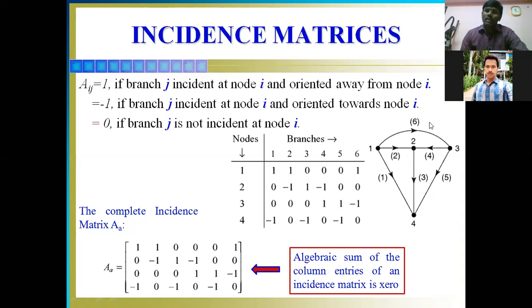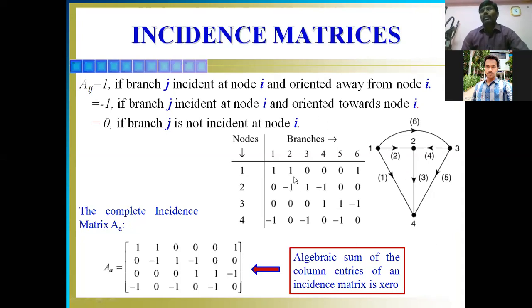If we come to node 2, I2 is entering, I3 is leaving, I4 is entering. So minus I2 minus I4 plus I3 is equal to 0. So I2 and I4 are minus, I3 is plus.